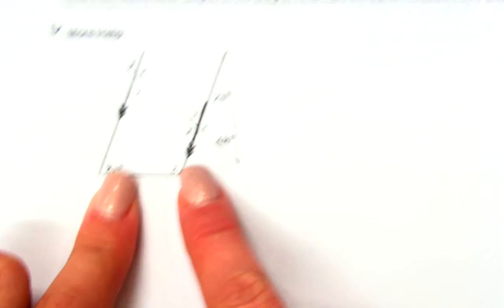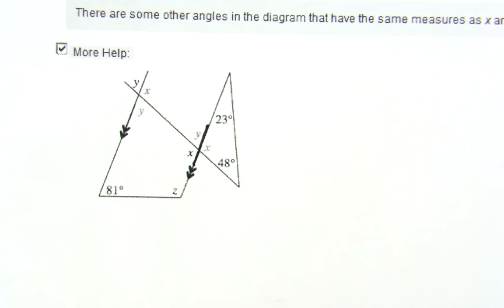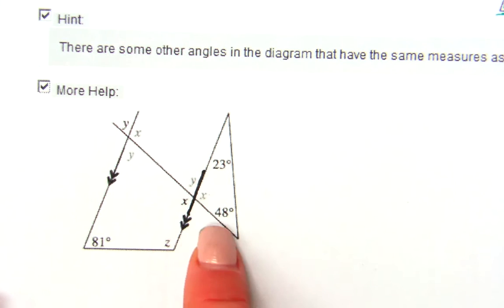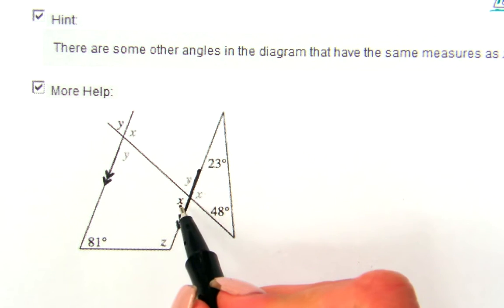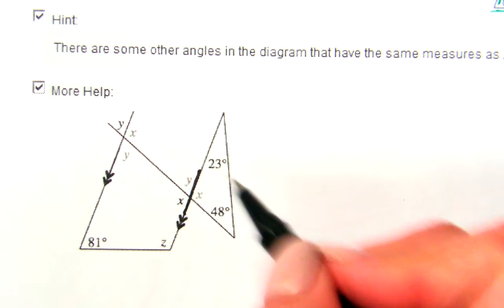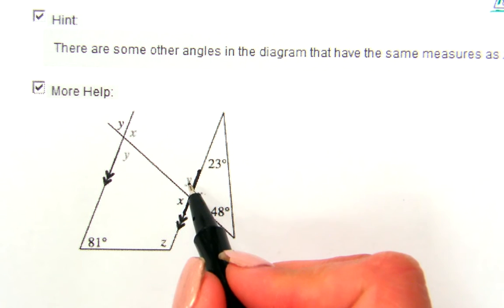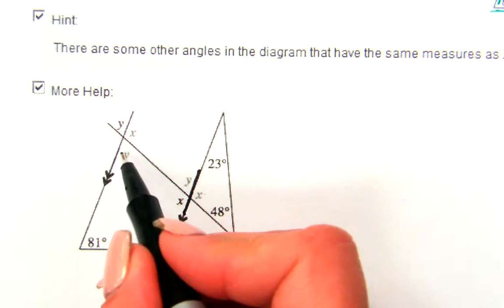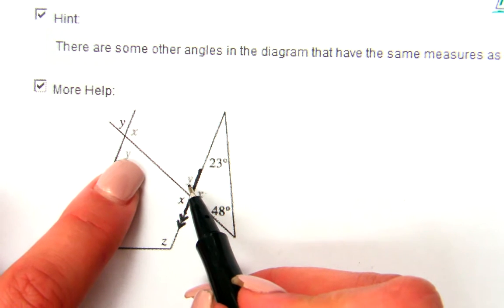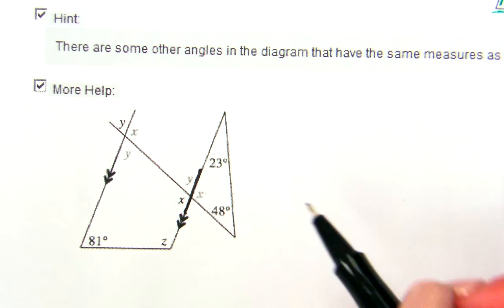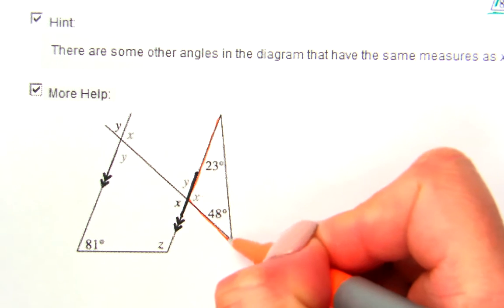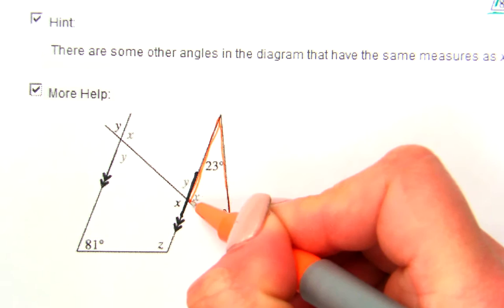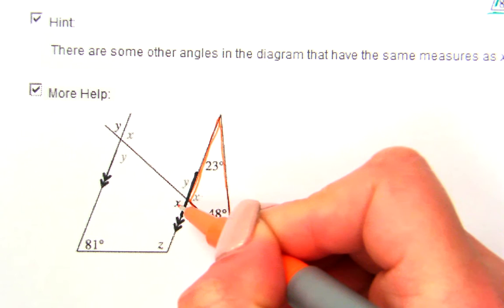So the hint was actually very nice, and it gave you the fact that since you have vertical angles going on at both intersections, then you can safely assume if you find this one, you're going to find this one. And if you find the x, you can definitely find this y, and since this y and this y are alternate interior angles, then you know what the y is, and then go from there. So there's your triangle, how you find the missing angle in a triangle. Find the x, find the y. The x and the x are pretty much the same.